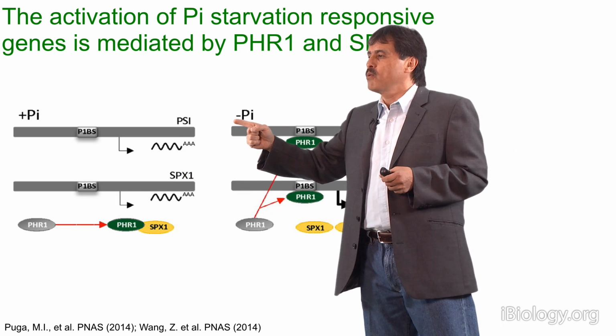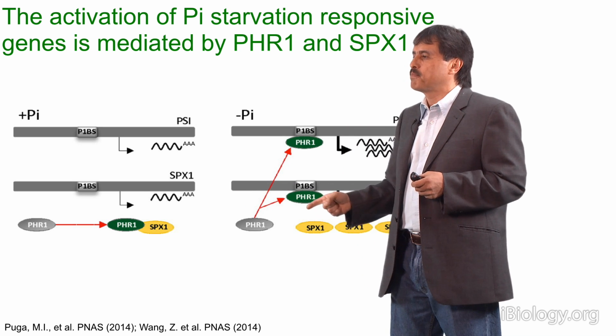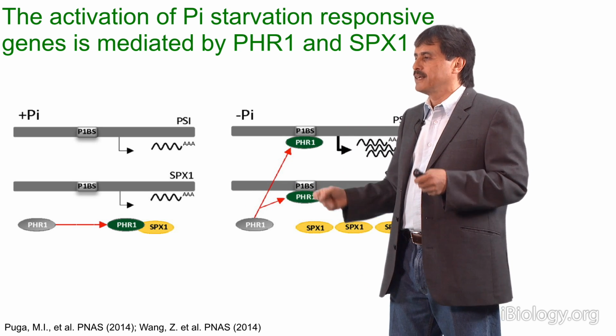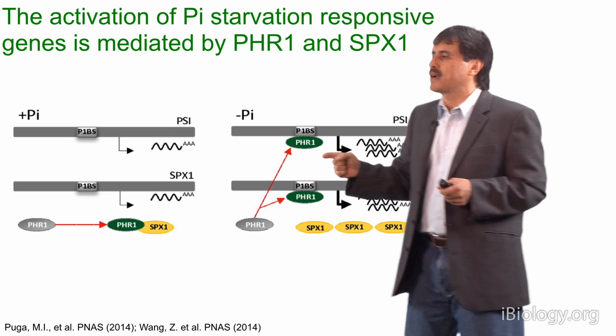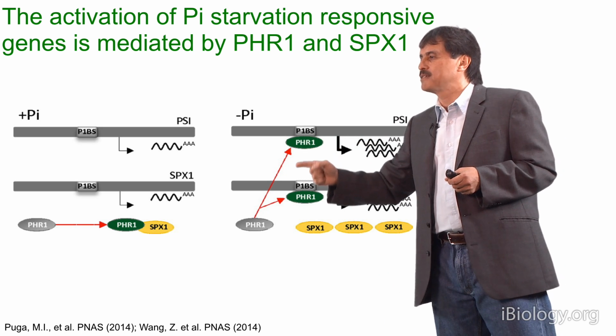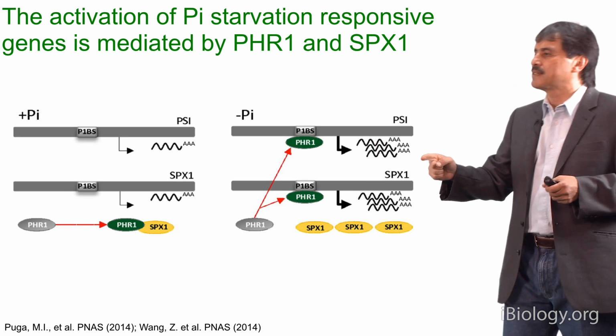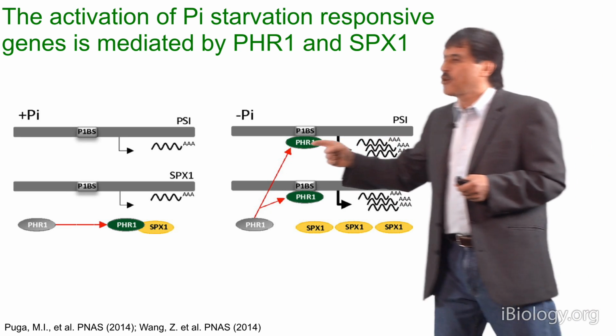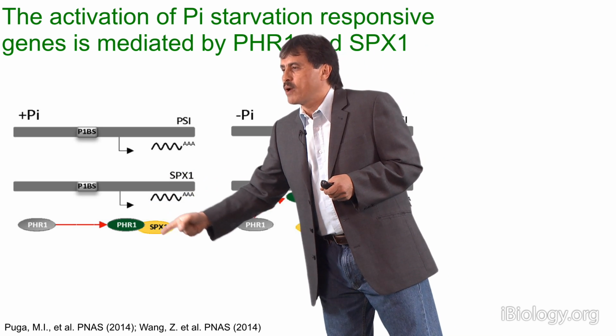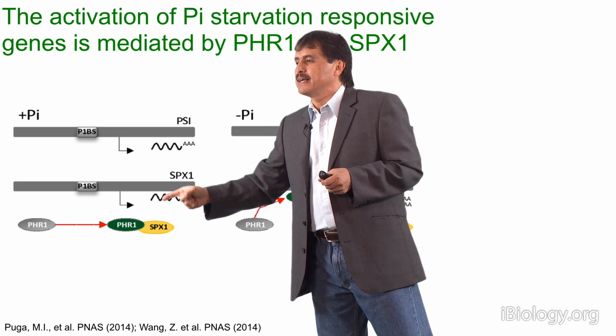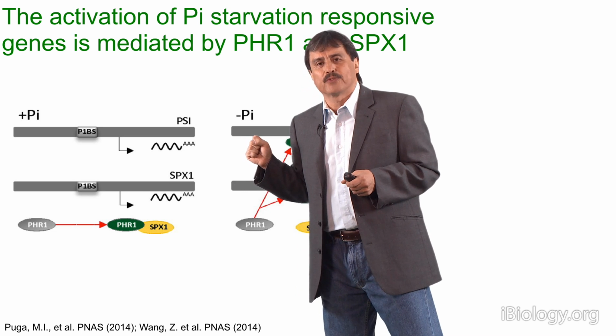When phosphate is low, the interaction between PHR1 and SPX1 is disrupted, and then PHR1 can bind to these sequences that are specific for the activation of low phosphate responsive genes, and then these genes are activated. So this interaction between SPX1 and PHR1 is dependent upon the concentration of phosphate in the cell.